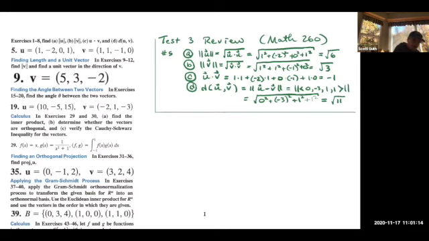So that is problem 5. All right, let's do number 9. You can see V here. We have to find a unit vector that points in the direction of V. That's easy. We take the norm or the magnitude of V, which is the square root of V dotted with itself.